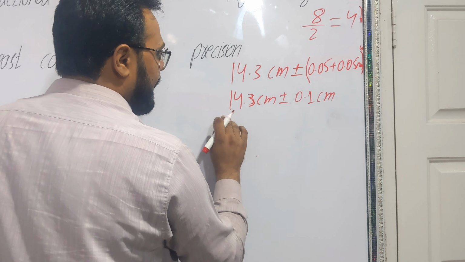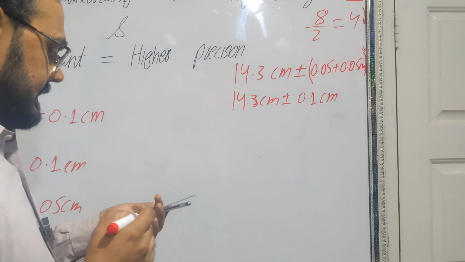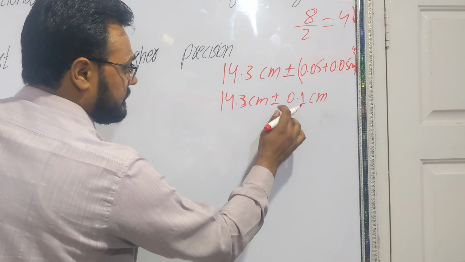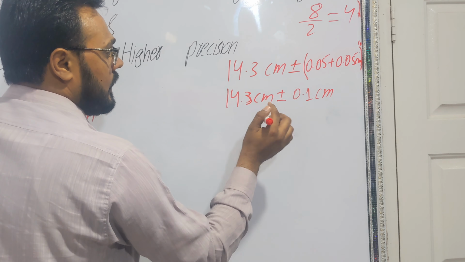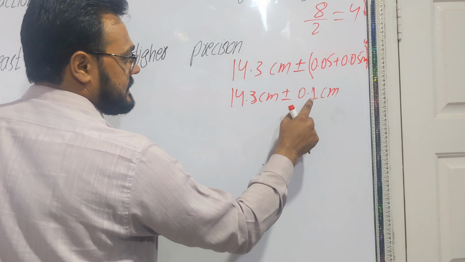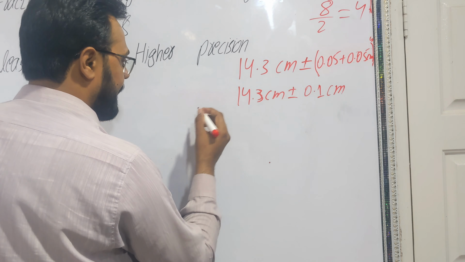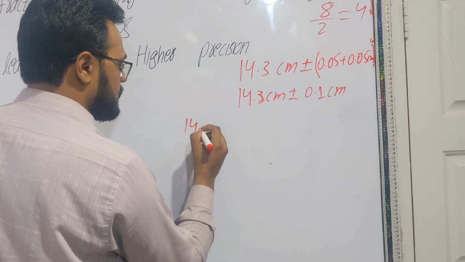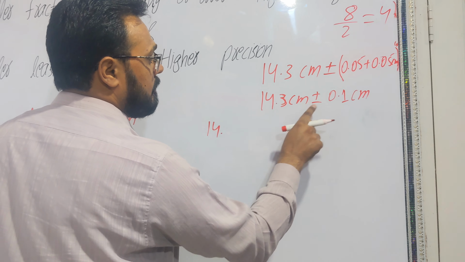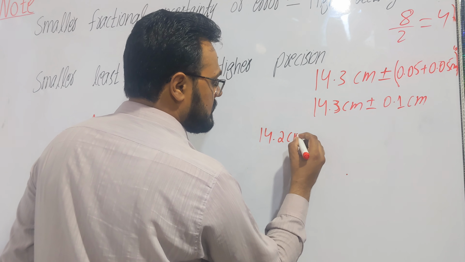This is the measured value. This is the margin of error. Margin of error is how much? 0.1, plus or minus. If we subtract it, 14.3 minus 0.1, you will get 14.2 centimeter.